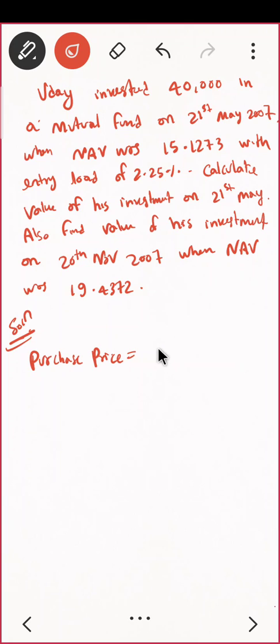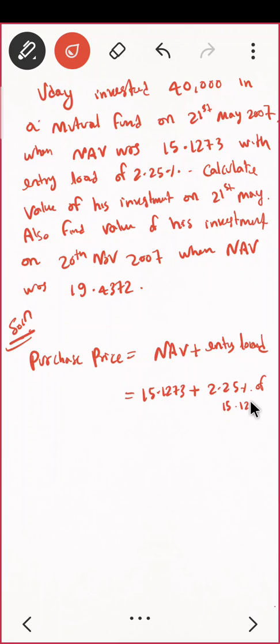Purchase price is NAV plus entry load on NAV, correct? Tell me, what is NAV? 15.1273 plus 2.25% of the same value, that is 15.1273. What is that? Quickly calculate and tell me the price.